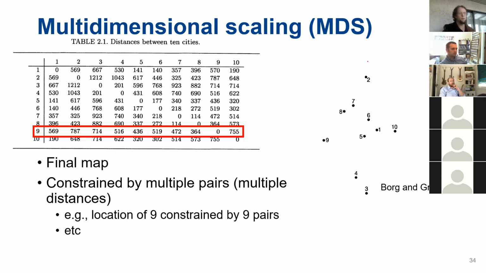Eventually, we get all of our points plotted, right? And they're constrained by multiple pairs. So for example, 9 here is constrained, its location is constrained by its relationship to every other point on the map, right? And so you can tie it down pretty directly because it's got all of these interrelationships, right?